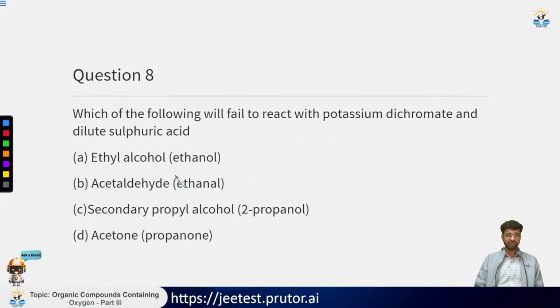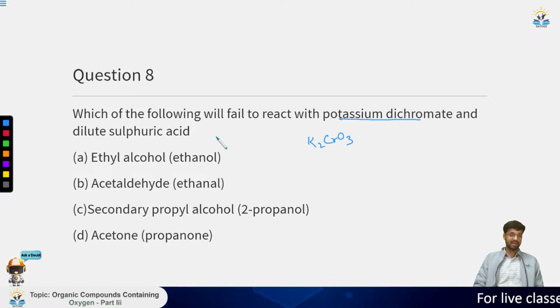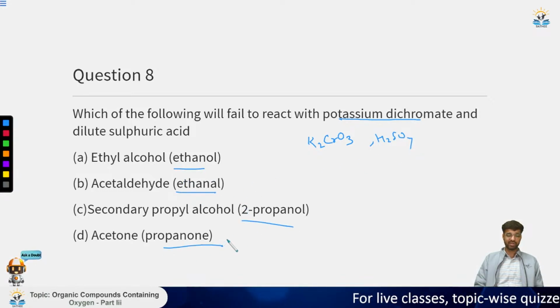Now the 8th: which of the following will fail to react with potassium dichromate and dilute sulfuric acid? We have 4 cases: ethanol, propanol, and so on.